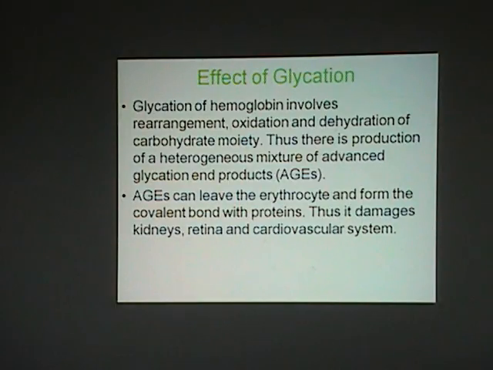It changes. Thus there is production of a heterogeneous mixture of advanced glycation end products. When all these things happen, there is a change in the molecule. And due to that change, advanced glycation end products can leave the erythrocyte and form covalent bonds with proteins.